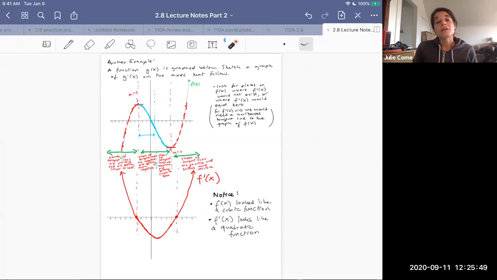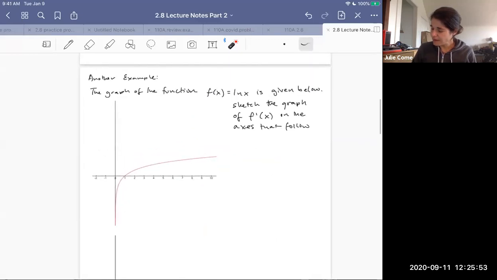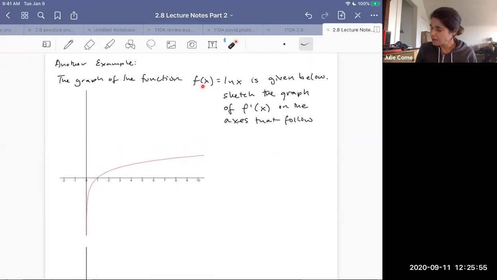All right, let's look at one more. Now, the function graph here is the natural log function, everybody's favorite, natural log of x. And again, the graph is kind of hard to see, but it has a vertical asymptote at x equals 0. It just goes down here forever. And then going this way, it does go up forever, but it's going up super, super gradually.